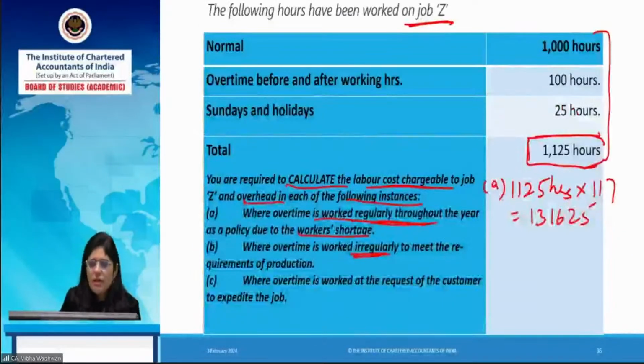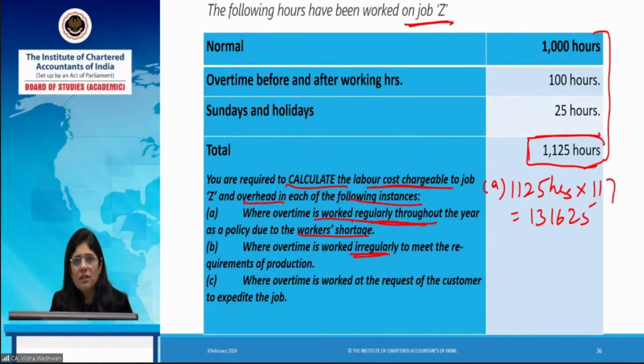So here, since your overtime is due to your irregular production, there was something that happened in production कि आप target नहीं meet कर पाए. So the overtime should be part of overhead. So here, what will happen? The normal time, जो the normal wage rate है. All right.